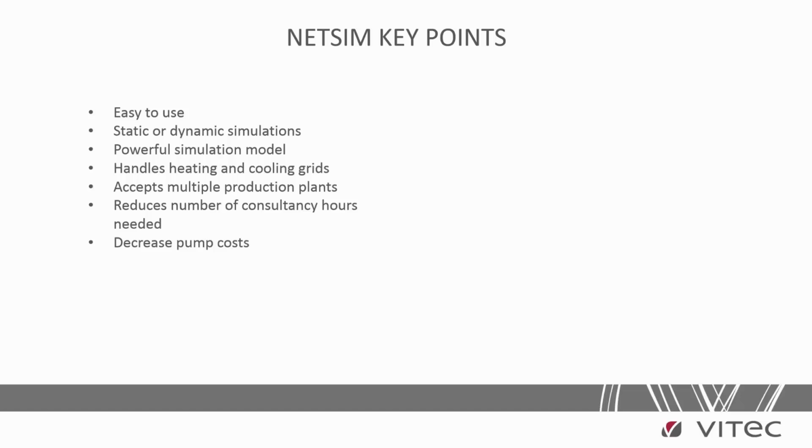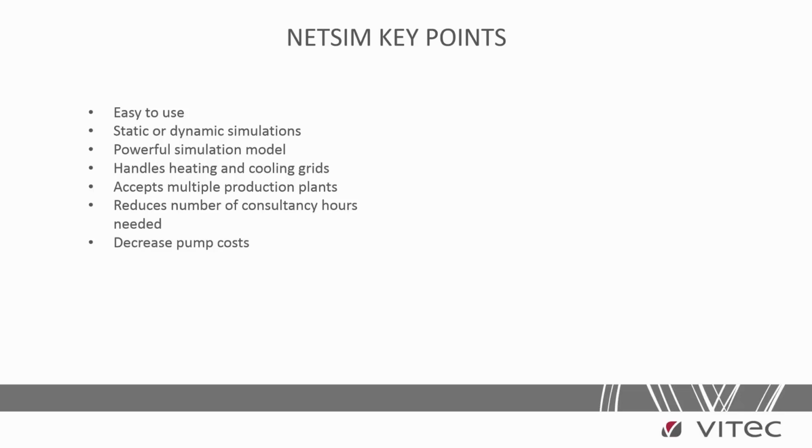First, let's start with some key points on what NetSim is and what it can do. NetSim is a very easy to use software that can make static or dynamic simulations. The simulation model that we use is quite powerful, so you can use it for big grids or dynamic simulations and still have a very good result, a very accurate simulation.